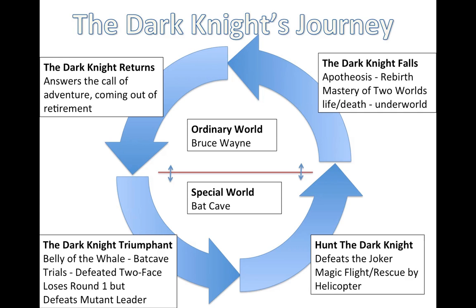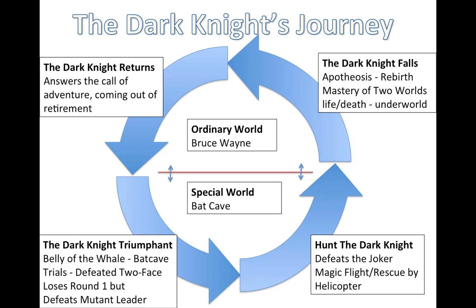So in the second book, The Dark Knight Triumphant, which is the second part of the graphic novel, he defeats Two-Face. Sorry, that might be in the first one. Anyway, I'm fuzzy on that, but he goes through a series of trials and adventures, right? And he defeats Two-Face.